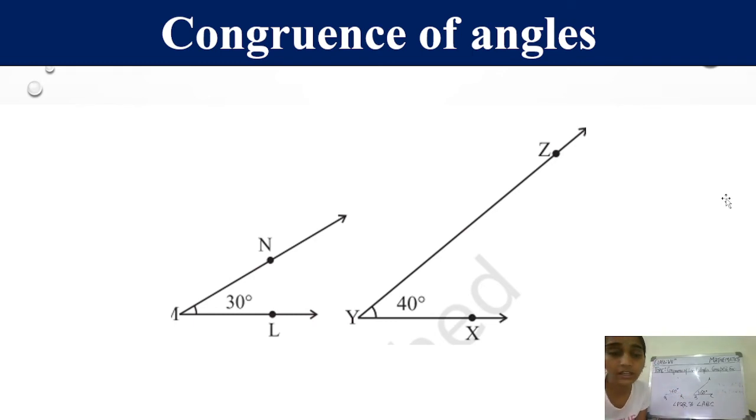Yes, definitely they are not going to hide, because one angle is 30 and the other is 40, which is larger than 30 degrees. So we will definitely see that they are not going to superimpose. So we are saying, students, that these two angles are not congruent to each other.